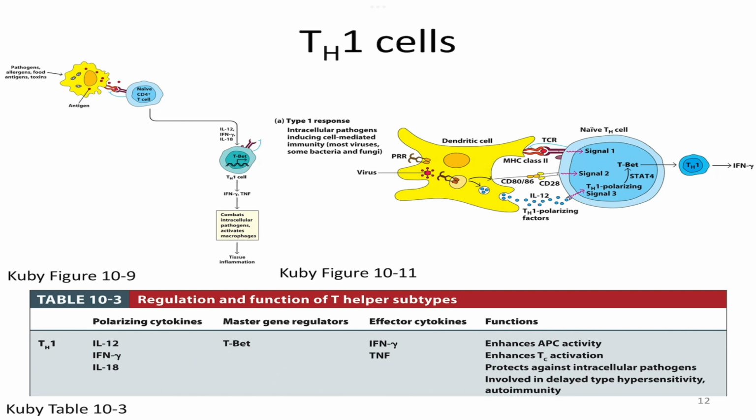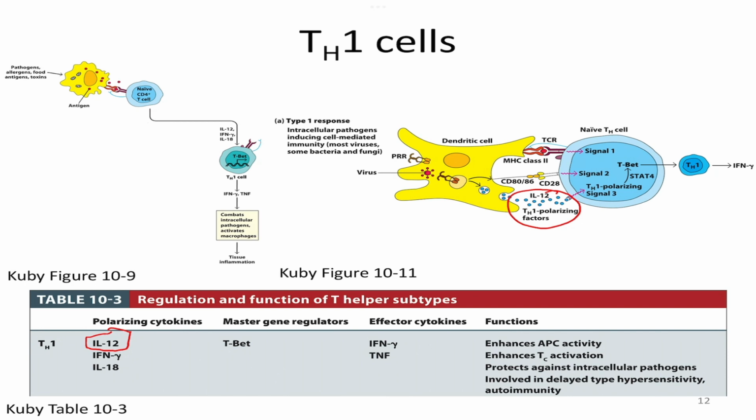With Th1 cells, our activating cytokines are cytokines that induce differentiation. In particular, IL-12. And so when I think about Th1 cells getting polarized, when I think about this Th0 cell becoming a Th1 cell, I really think about IL-12 as our main cytokine.